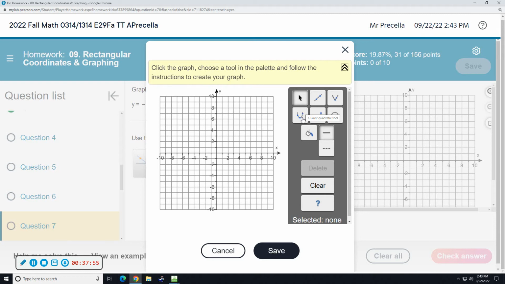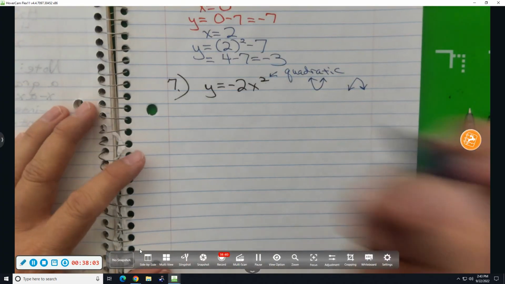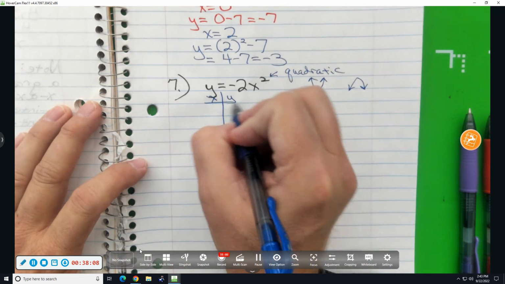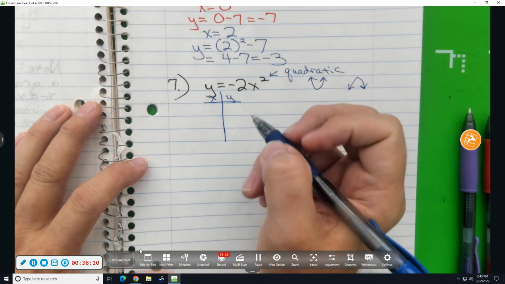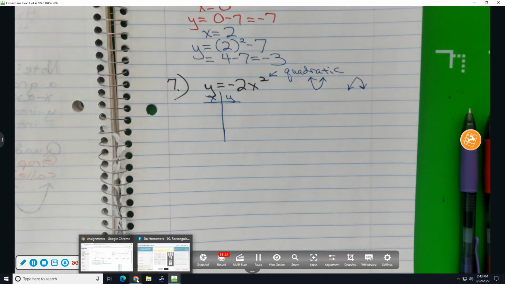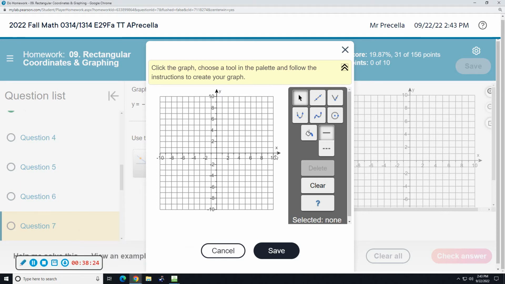So let's make a table of values. Let's plug in real easy numbers for X. Since we get to choose them, what do y'all think will be real easy numbers to plug in? 0, 5, and 10. Let's see if the grid goes up to 10. Notice the x-axis goes to 10.